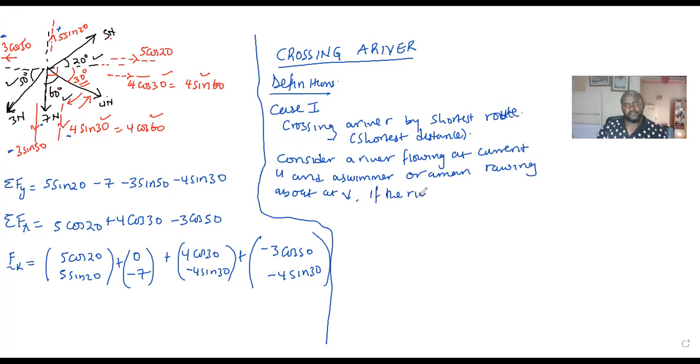If the river is S meters wide and the resultant is VR, then this is how we go about that definition.